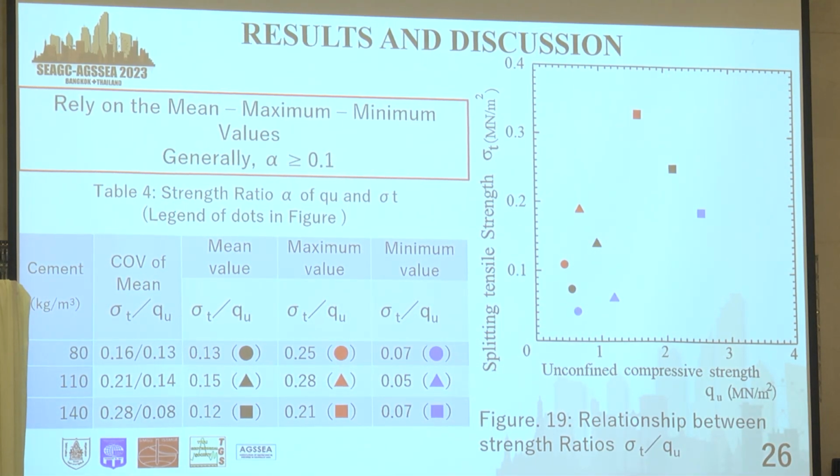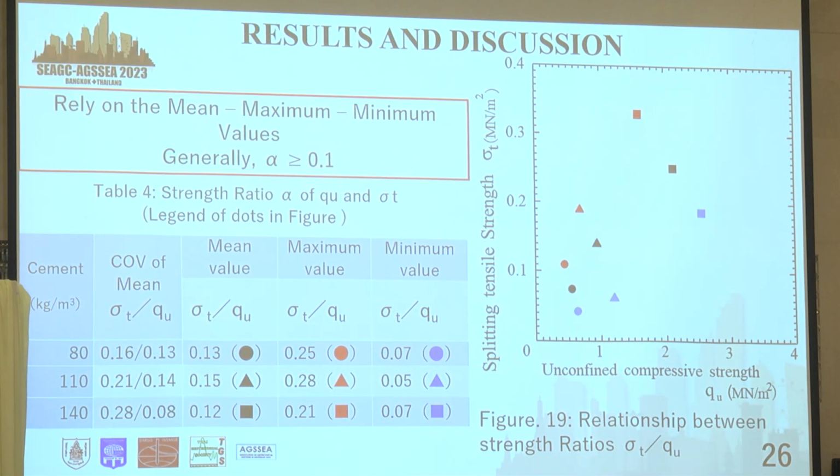Still in the results and discussion, we finally relied on the mean, maximum, and minimum values. Until now, engineers in Saga lowland usually consider alpha greater than 0.1, and it has been working until today. But by considering the mean and the maximum, we can see there is a huge variation between them.